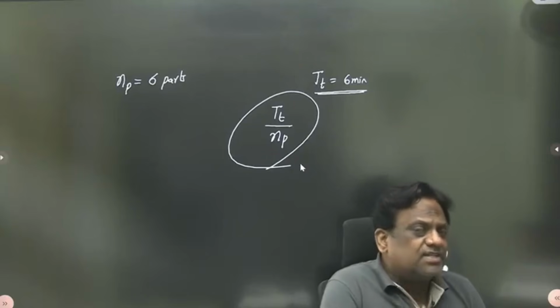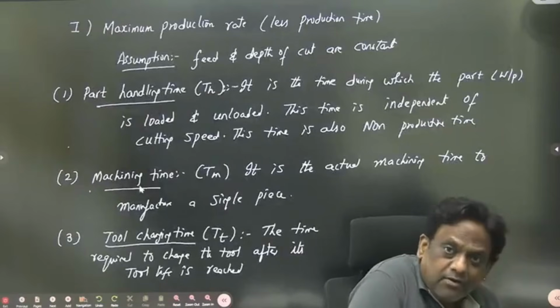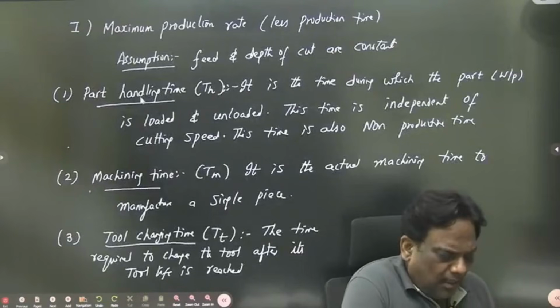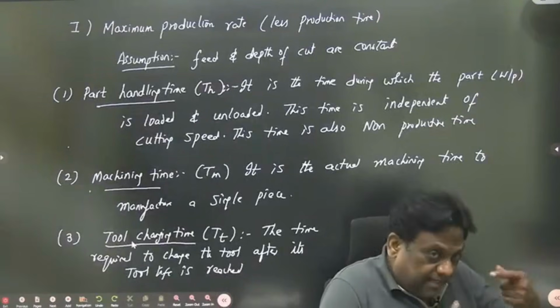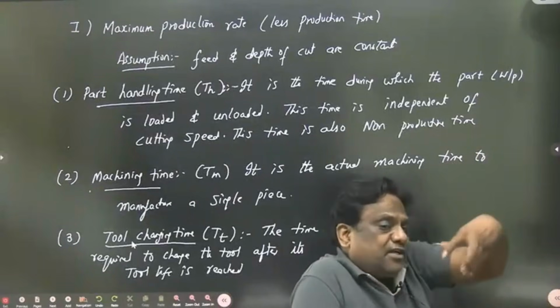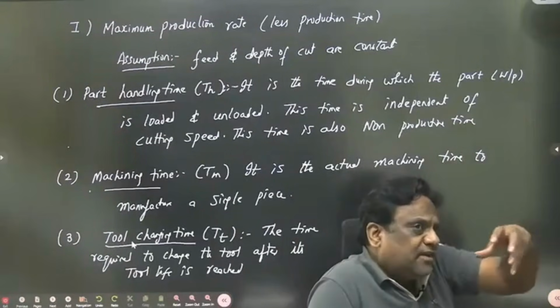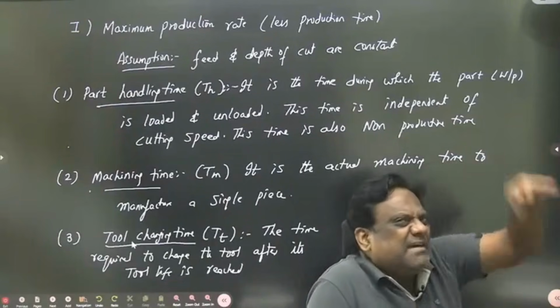So all calculation will now be per piece, sir. Look, machining time for single piece, part handling time for single piece, and tool changing time divided by the number of components before changing the tool. How many parts have you manufactured before changing the tool? Divide the tool changing time by the number of pieces, that will give me the tool changing time per piece.